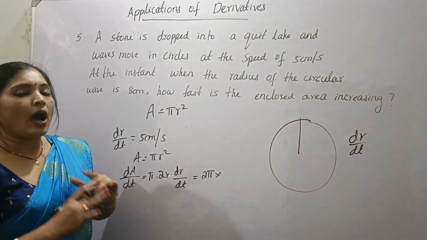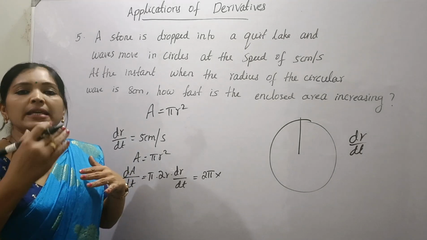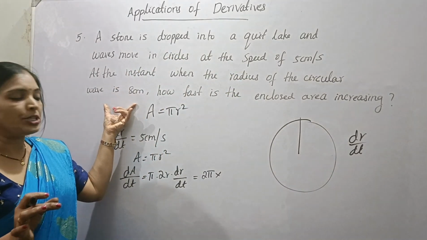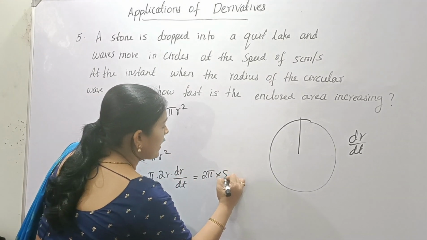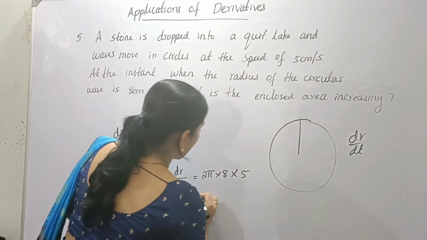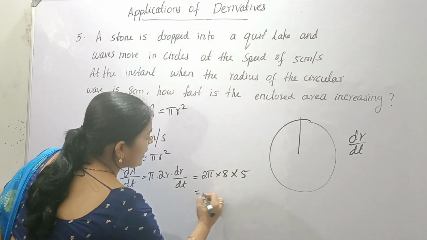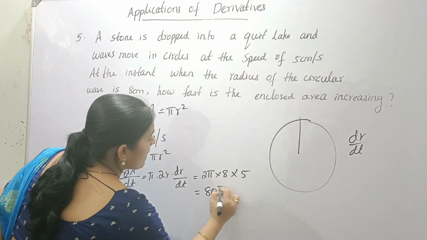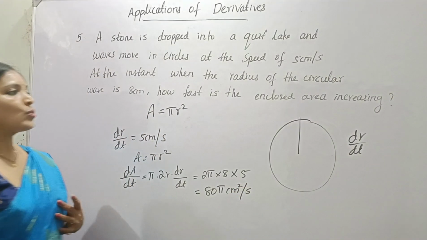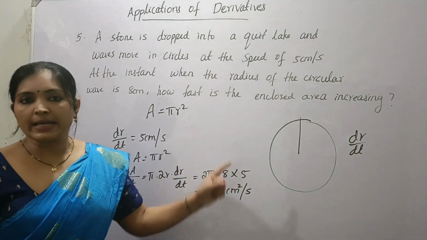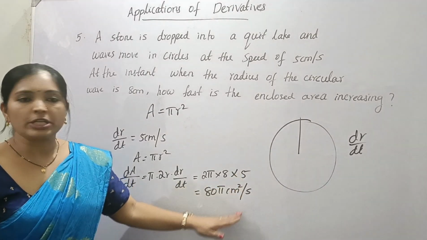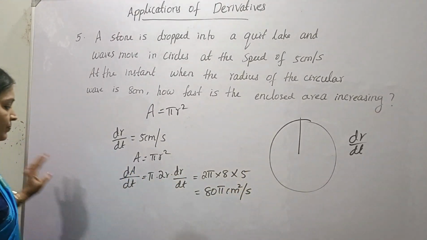So r is equal to 8, and dr by dt is given, that is 5. So 10 into 8, that is 80 pi centimeter square per second. So here the area is increasing at the rate of 80 pi centimeter square per second.